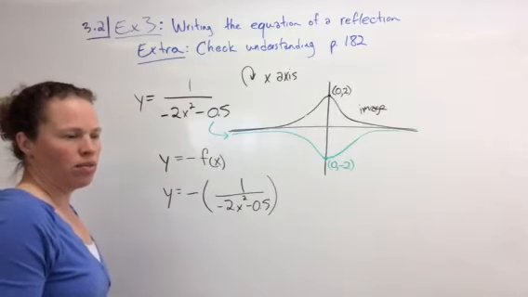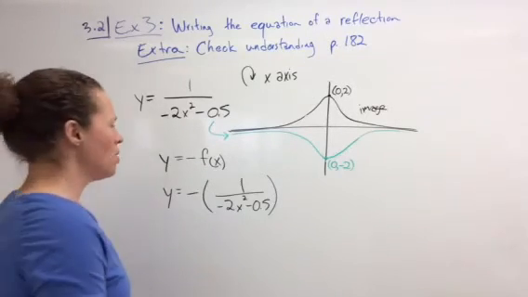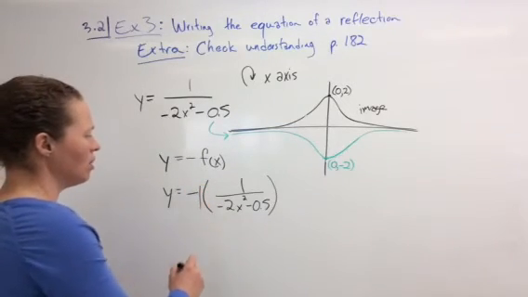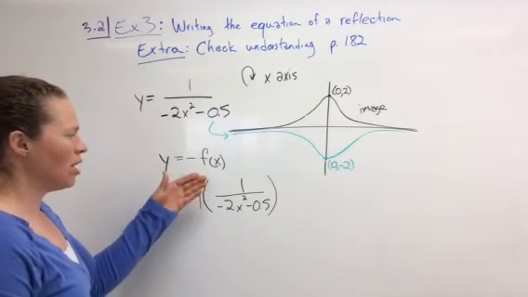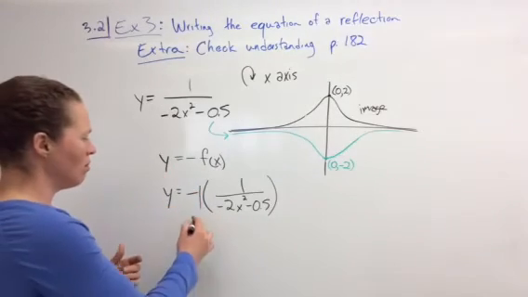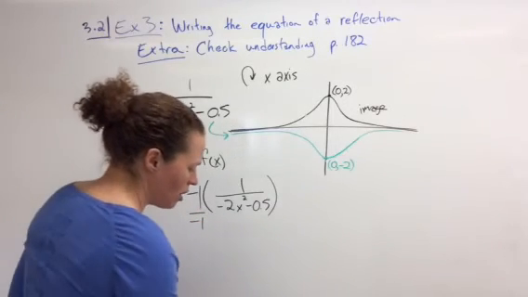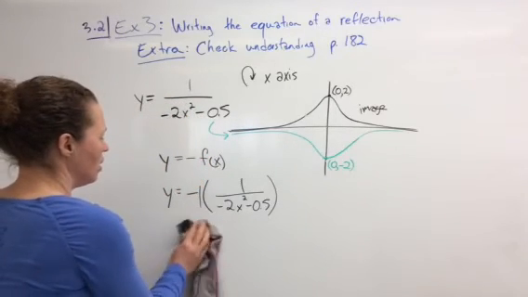But your book isn't going to have the answers like that. They're going to want it simplified. So we're going to multiply this negative as if it's a negative 1 through all of these numbers. And you don't do it to the top and the bottom because that would be negative 1 over negative 1, which would just be 1. So we're actually only going to do the one level.